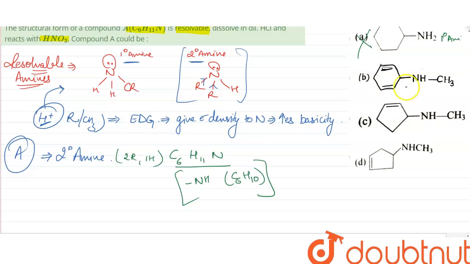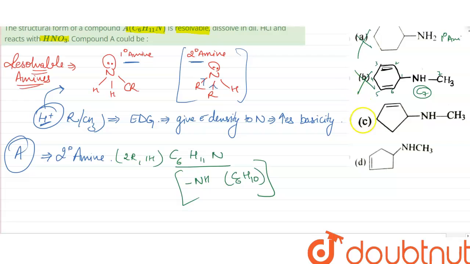In B, we have a secondary amine with two carbons and one hydrogen, but you can calculate the number of carbons. We should have only 6 carbons in the whole compound, but if you count 1 2 3 4 5 6 and 7, there are C7. But we have C6, so this is the wrong answer.